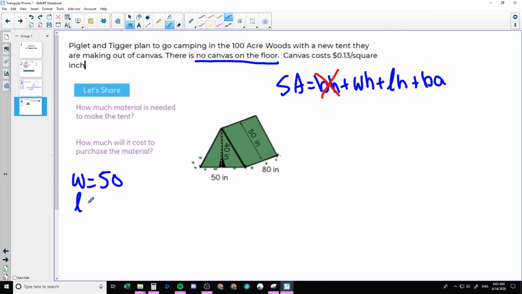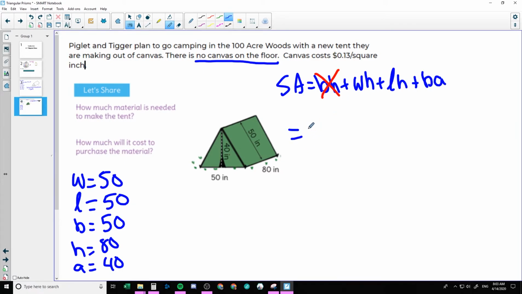That means the length is 50 and the base is going to be 50. Then we have the height, which is 80. And the last one is the height of the triangle, which is 40. Okay, these are all in inches. So now we can just fill this in.